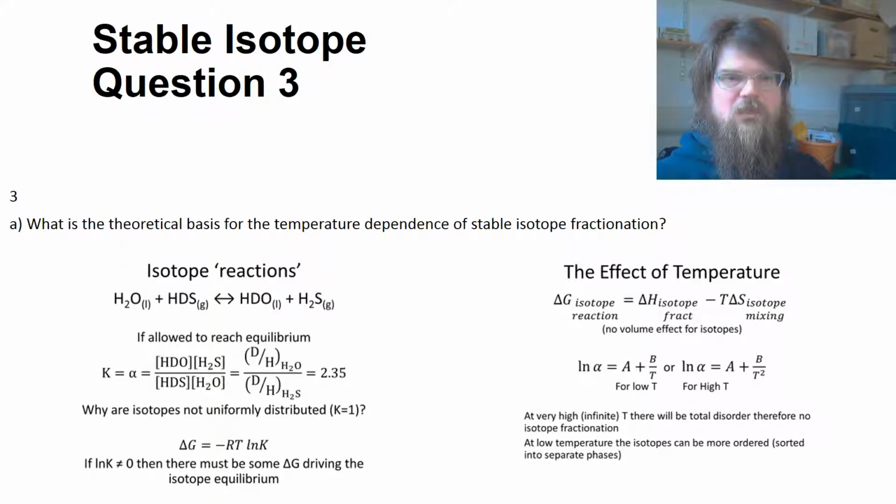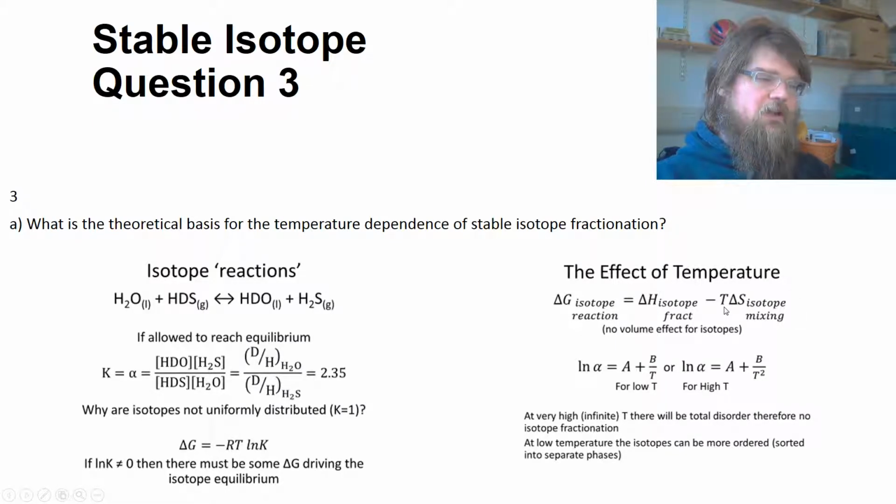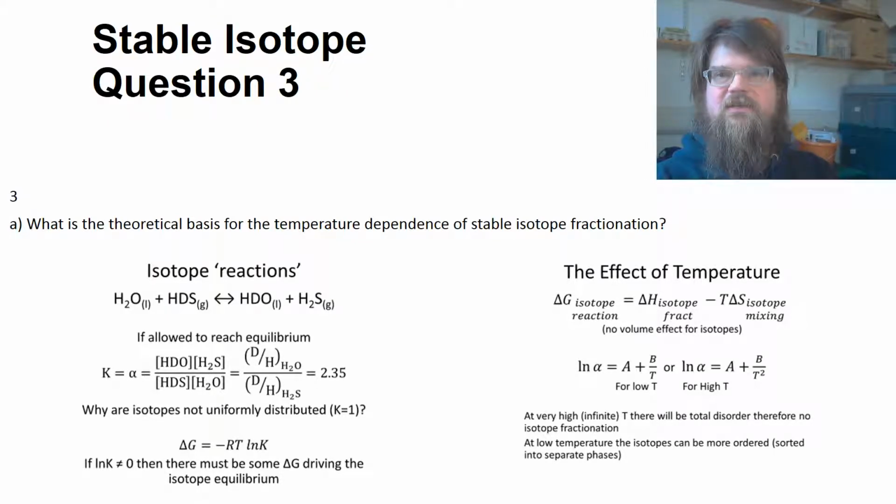Now, that implies that there must be something driving that isotope fractionation, and also a counteracting driver, which wants the isotopes to be evenly mixed across all of the phases. That's the entropy term.